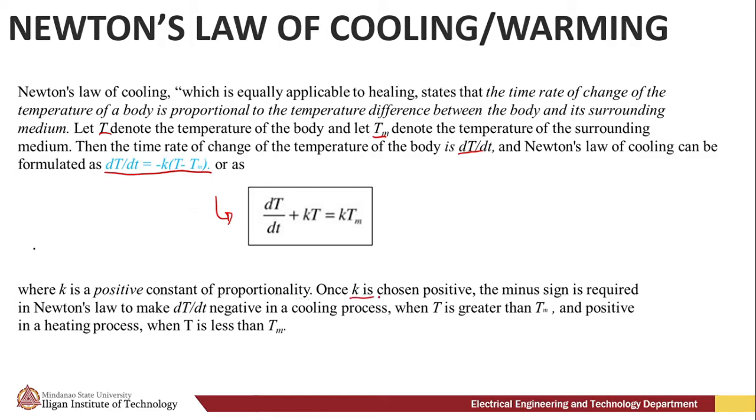Once k is chosen positive, the minus sign is required in Newton's law to make the rate of change negative in a cooling process, when the temperature of the body is greater than the temperature of the surrounding medium, and positive in a heating process when the temperature of the body is less than the temperature of the surrounding medium.